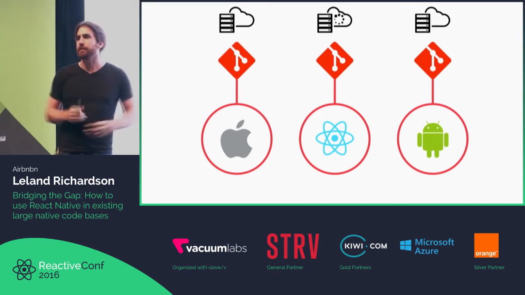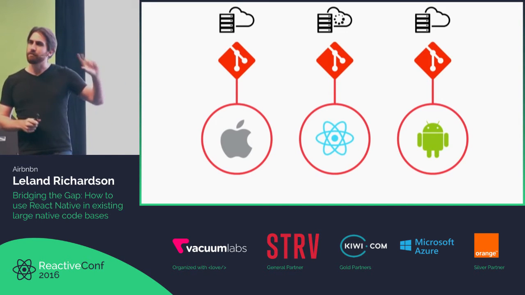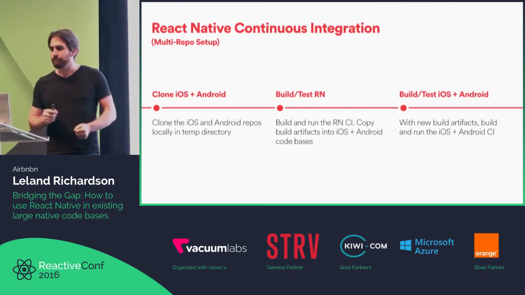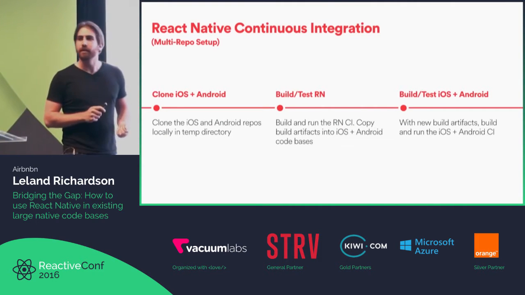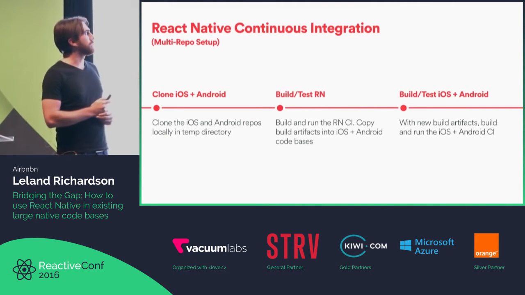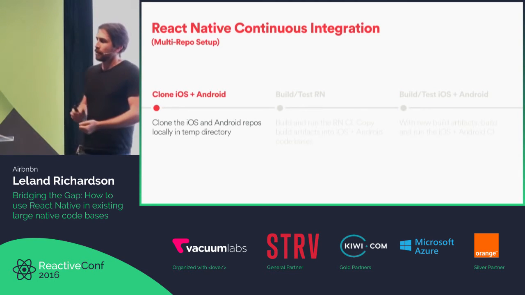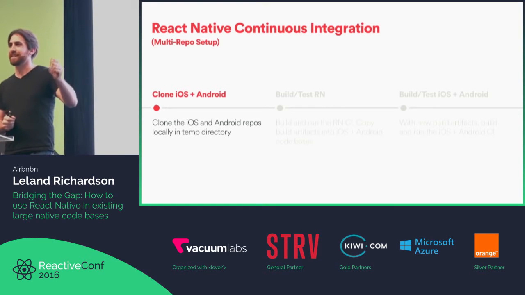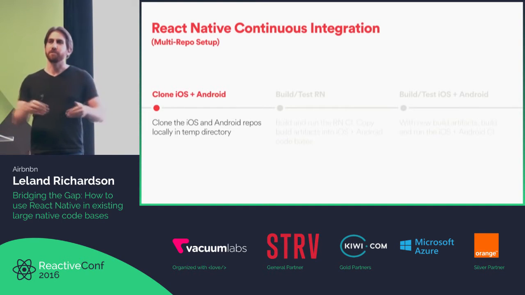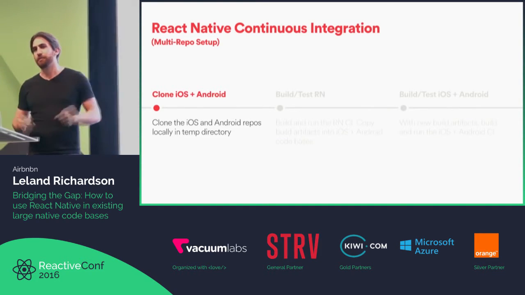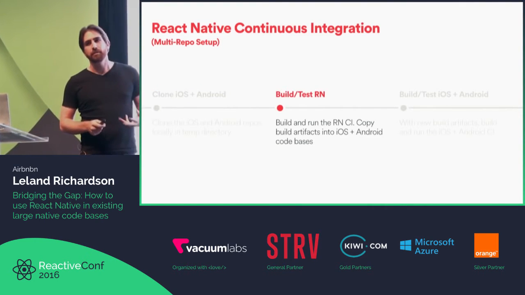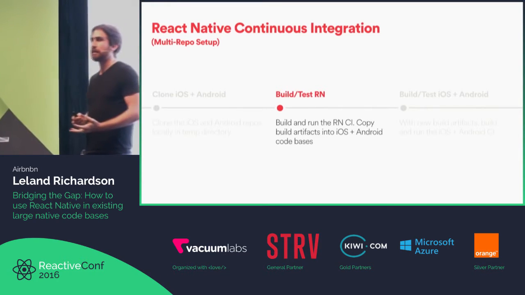repo's CI script. And this is actually where it gets tricky and kind of involved. So we're going to do a couple things here in this build script. First thing we're going to do, we're going to clone the iOS and the Android repo locally on the CI server, right? We're going to put them in some temporary directory, and then we're going to build the React Native code.